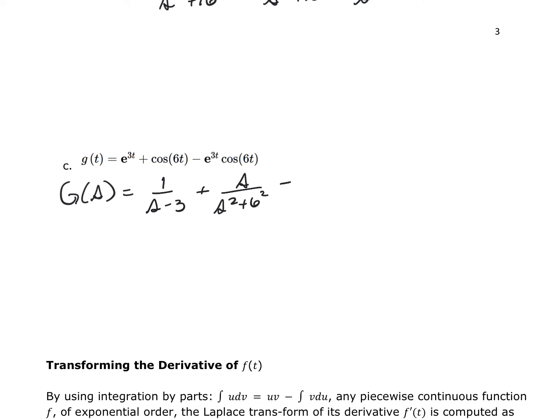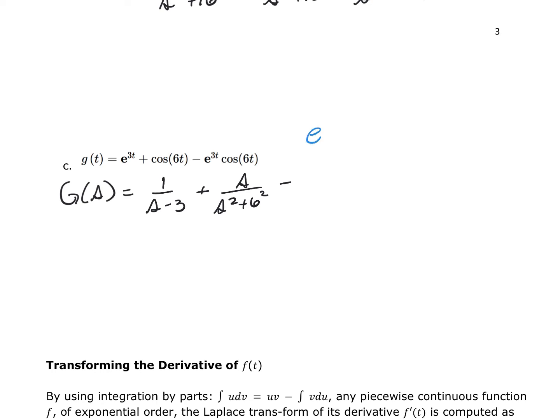What do we do with this? We have e to the 3t cosine of 6t. Well, there's another formula for that. All the formulas that you're going to use in this class are at the bottom of your notes.